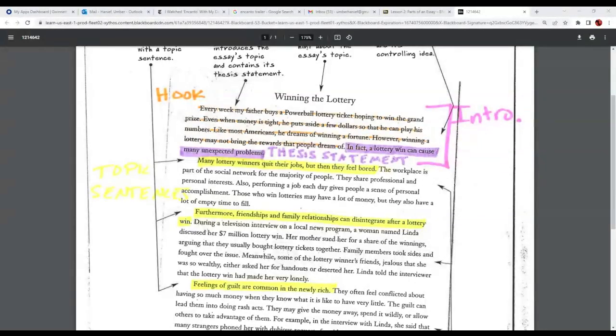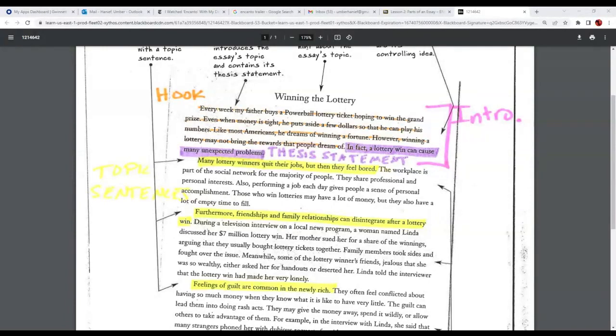So based on this thesis statement, a lottery win can cause many unexpected problems, we, the readers, know that this essay will be about what? The lottery ticket. Winning the lottery.